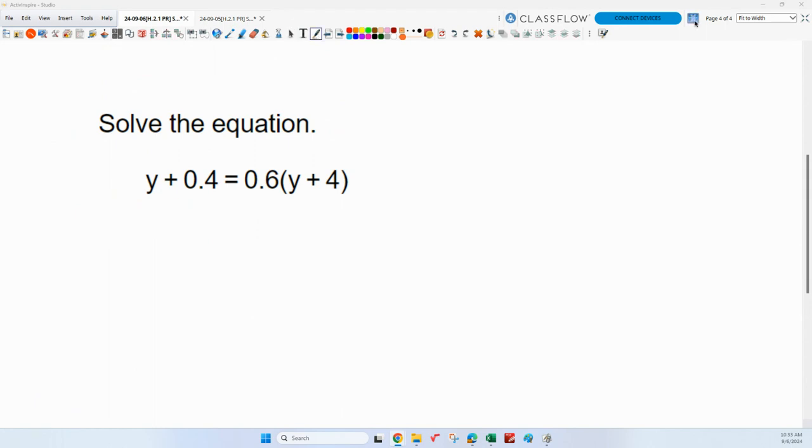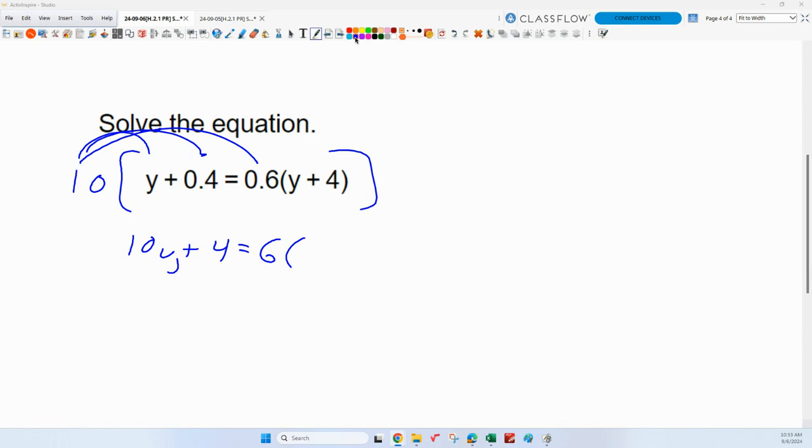Multiply by 10 again. Okay, I want you to talk me through this one though. Be very careful. Okay, so what's that going to give me? Plus 4. Okay, 6. So now I distribute the 10.